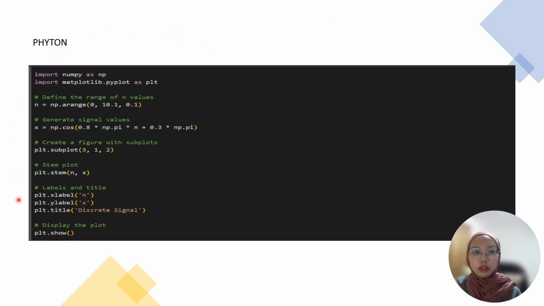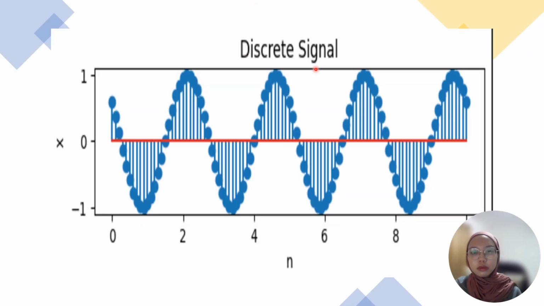For the Python coding, it is quite similar to the MATLAB coding, but Python uses NumPy for numerical operations and Matplotlib for plotting. The signal in Python is also similar to the MATLAB result.